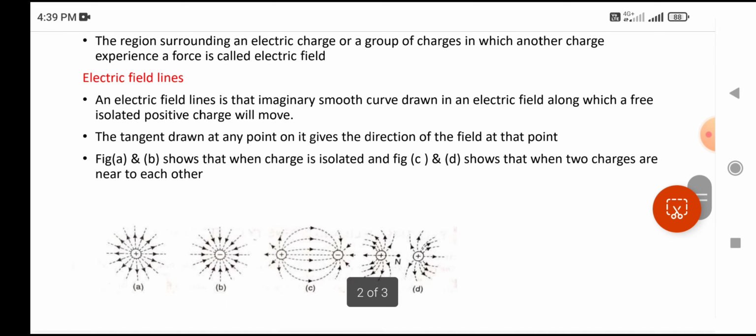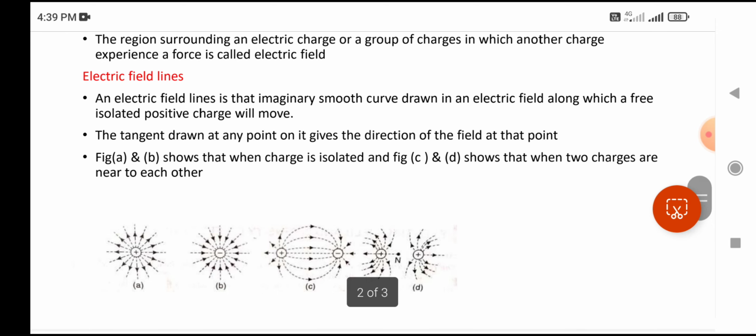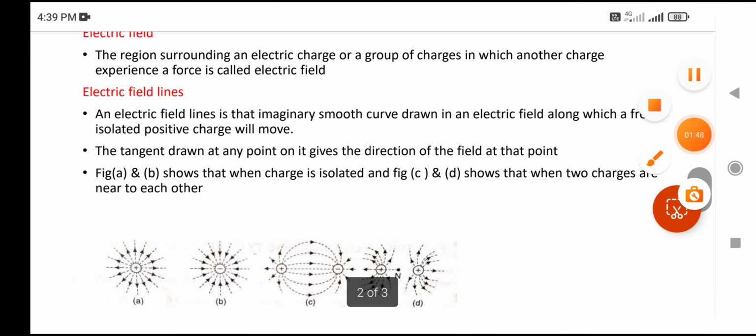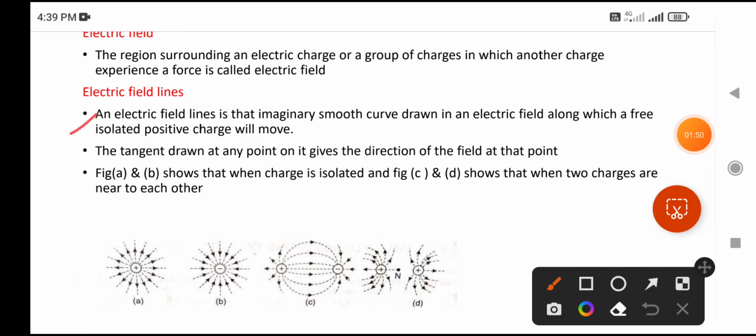Next, electric field lines. So what are electric field lines? An electric field line is an imaginary smooth curve drawn in an electric field along which a free isolated positive charge will move.